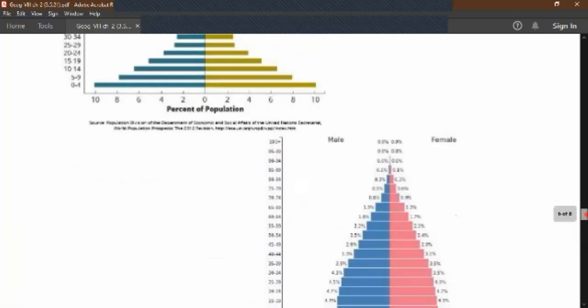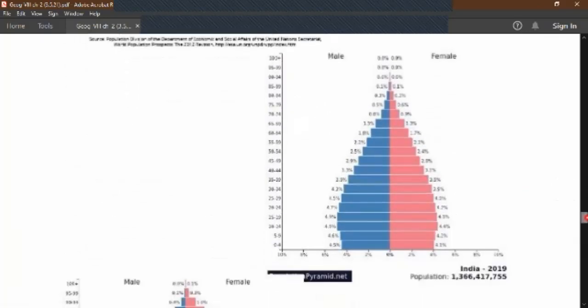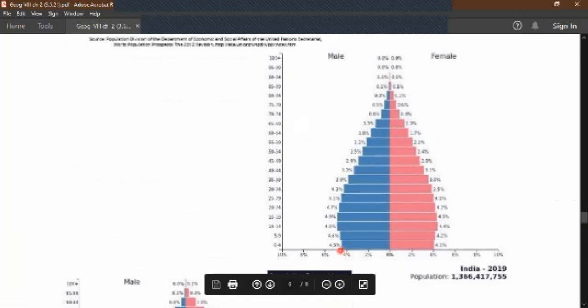Second is the example of India. In India, where death rates are decreasing, the pyramid is broad at the base and more infants survive to adulthood.